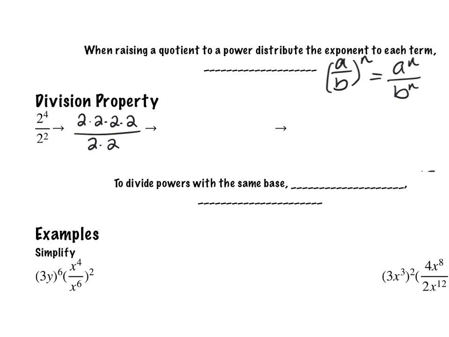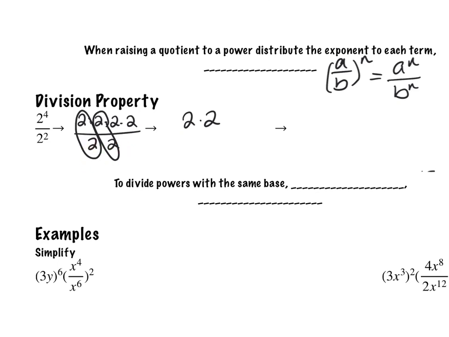So I have a 2 divided by 2 there, and a 2 divided by 2 there. 2 divided by 2 is 1, so both of those are 1. If I'm multiplying or dividing anything by 1, do I have to write it? No. So what could I rewrite that fraction as? 2 times 2, because these have reduced to 1.